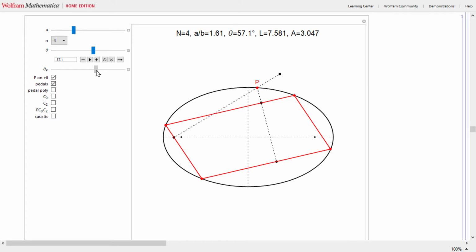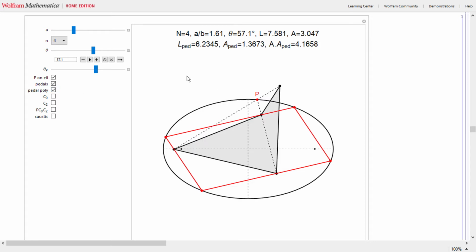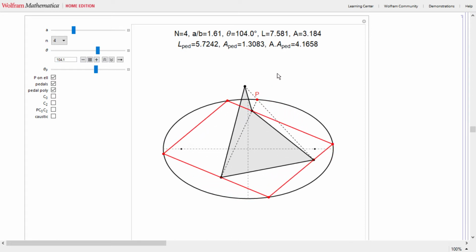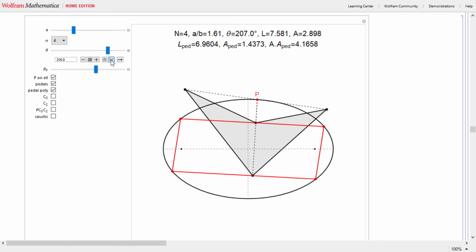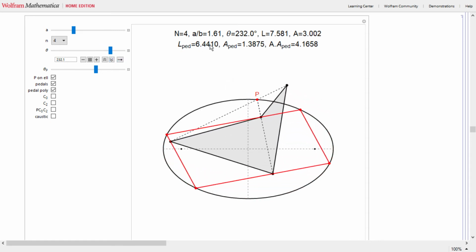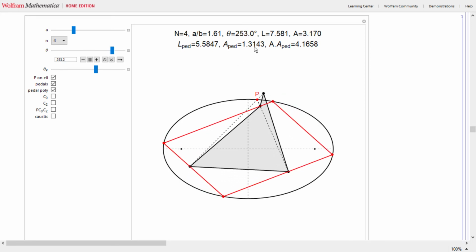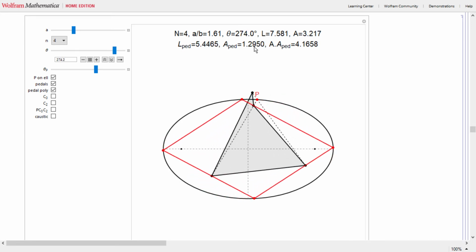Very well. Now, this video is about a very interesting phenomenon. If I draw a polygon that connects these perpendiculars, if I animate the one-dimensional family of parallelograms like so, the perimeter of the pedal polygon is varying, and the area of the said pedal polygon will always be varying.